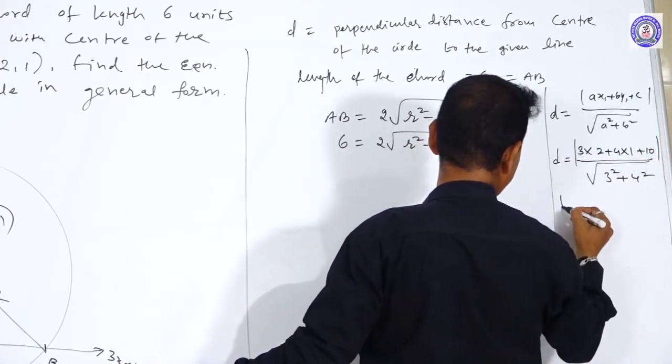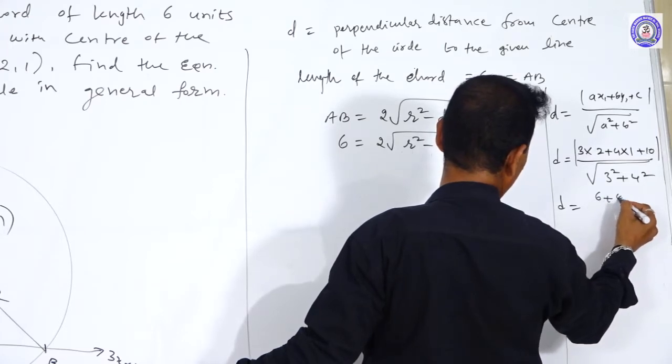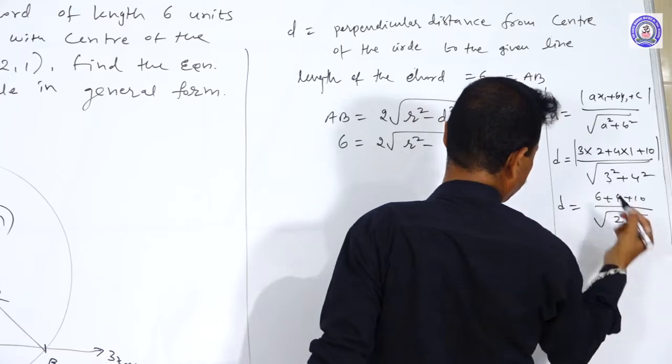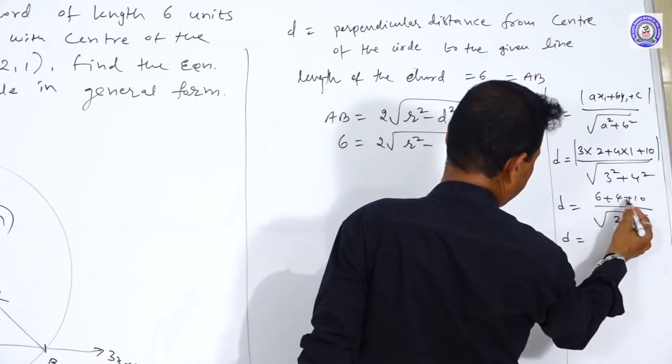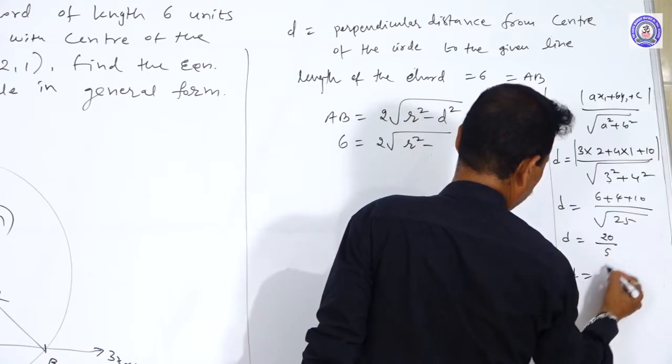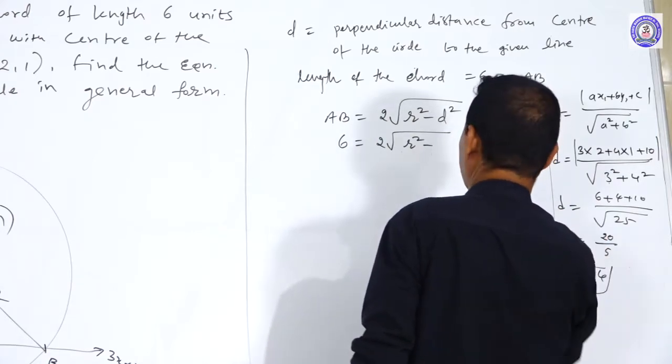D is equal to (6 plus 4 plus 10) by root of 25. 9 plus 16 is 25. D is equal to 10 plus 10, 20, by 5. D is equal to 4.